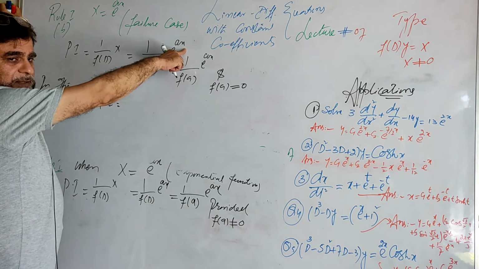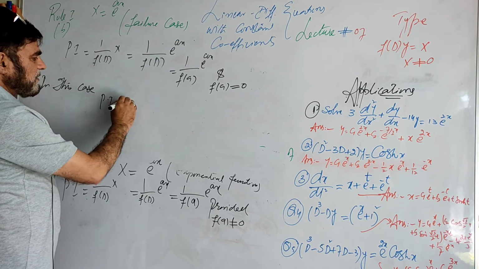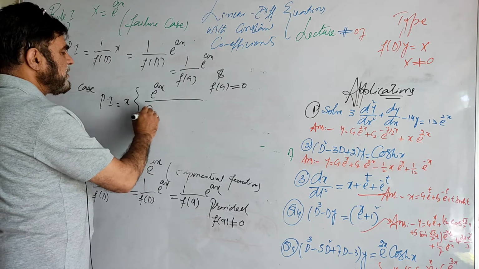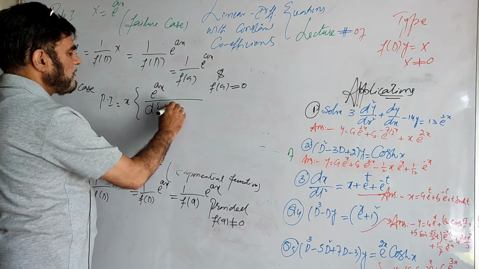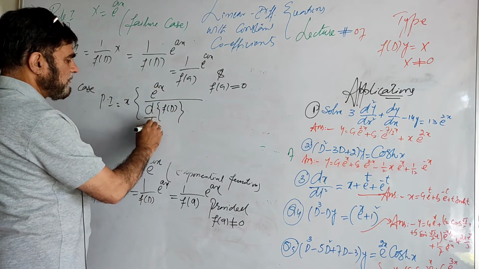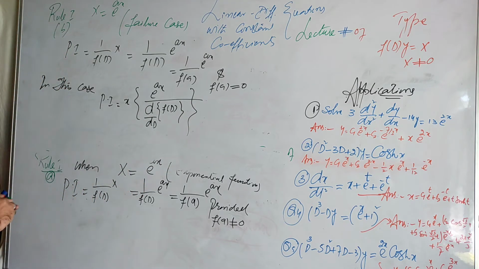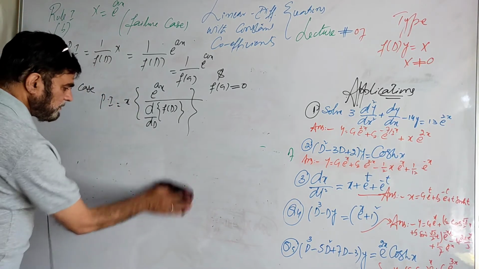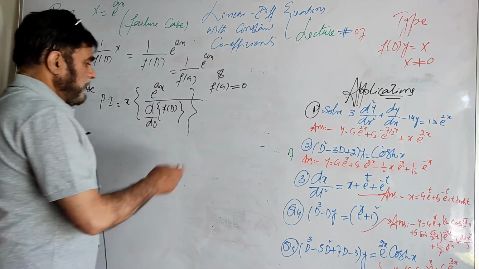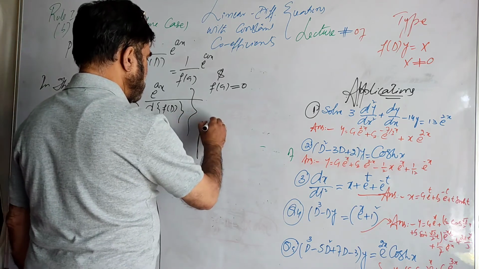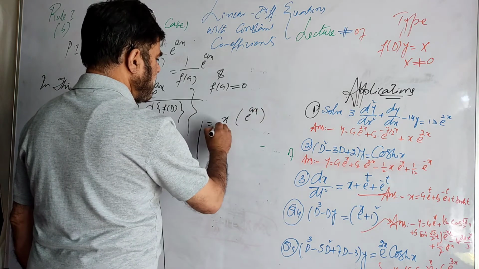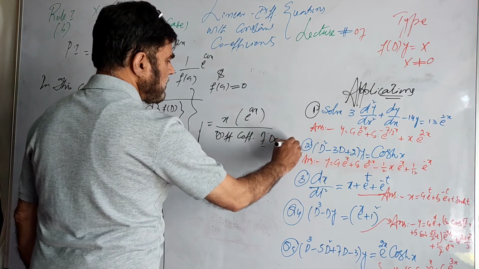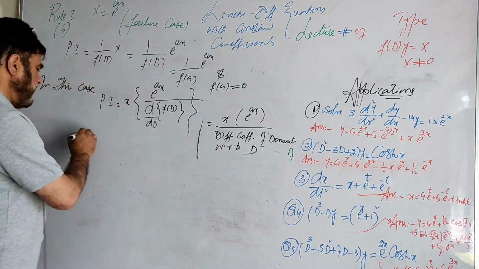Whatever the variable involved in the exponent, you write x out, then e raised power ax, divided by the differentiation of the denominator f of D with respect to D. So this is actually equal to x times e raised power ax by the differential coefficient of the denominator with respect to D.